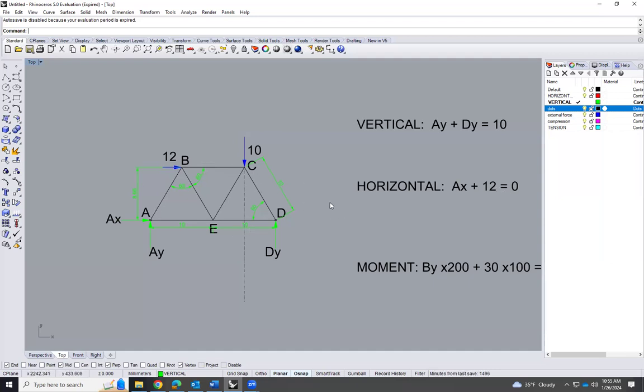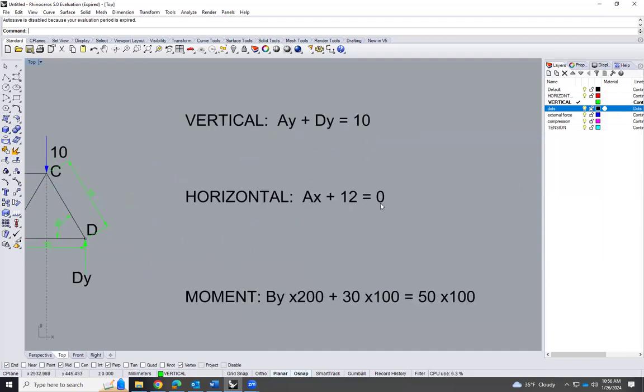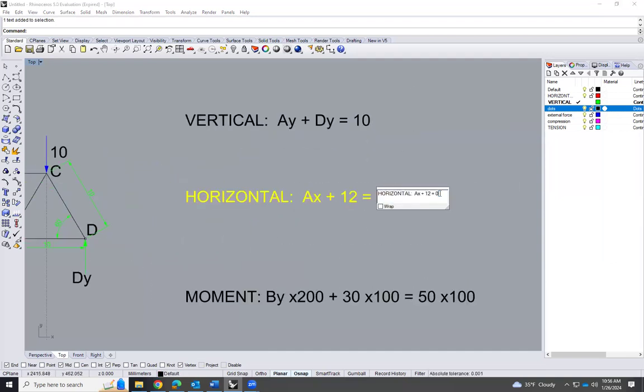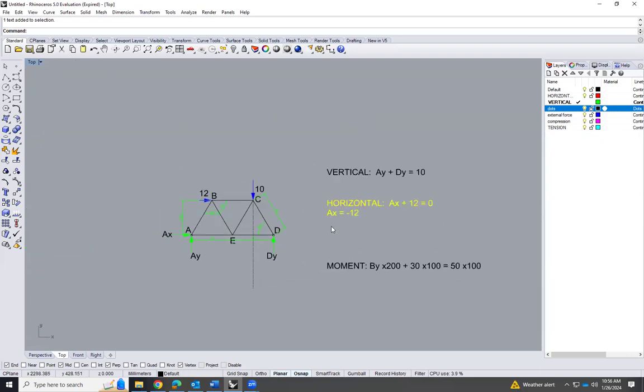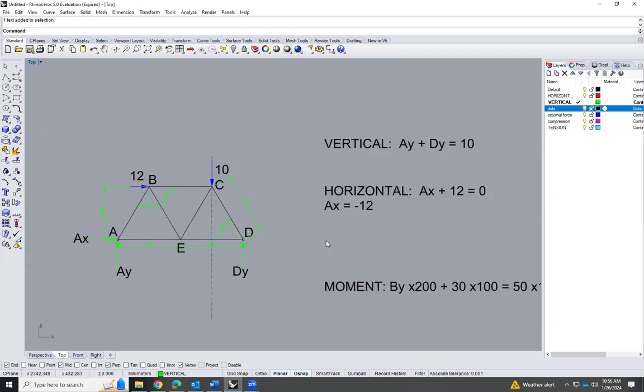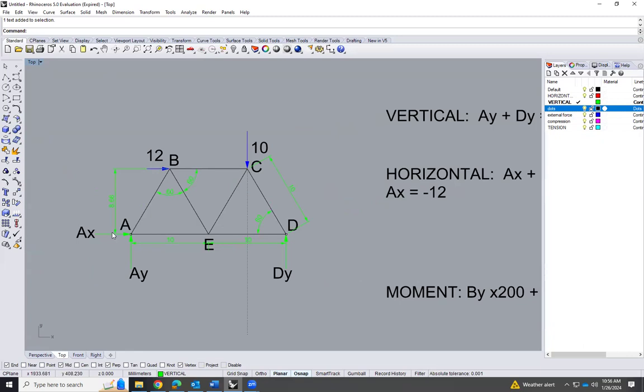We don't have anything going left, so that equals 0. It doesn't make sense, but it makes sense if we change the sign. So if we say that AX equals negative 12, now the value of AX is negative 12. So that means that our assumption was wrong.